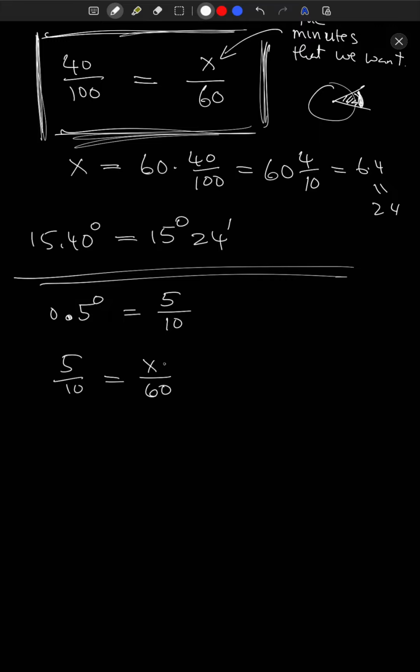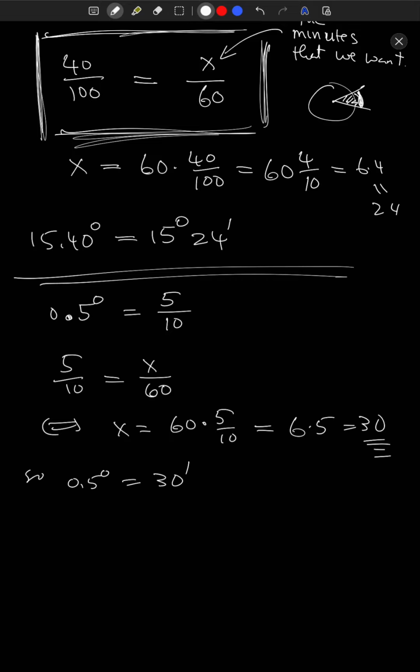These two ratios should be the same. And so when we solve, x is equal to 60 times 5 out of 10, which is 6 times 5, 30. And that's exactly what we expected. So 0.5 degrees is 30 minutes. This is just a nice verification of facts we already know. Okay.